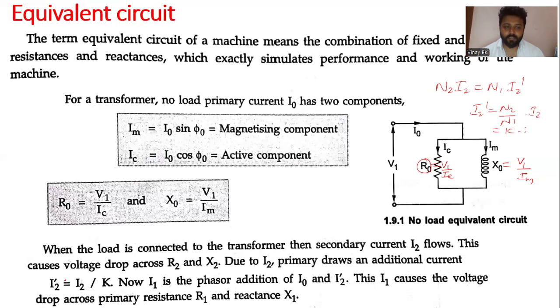You can see I2 dash is I2 divided by K. Now I1 is the phasor addition of the no load current and the additional current, that is I2 dash, whereas I2 dash is in antiphase of I2. Okay, that is what they are explaining here.